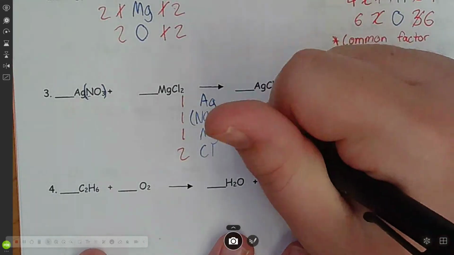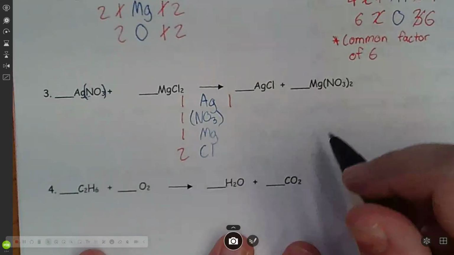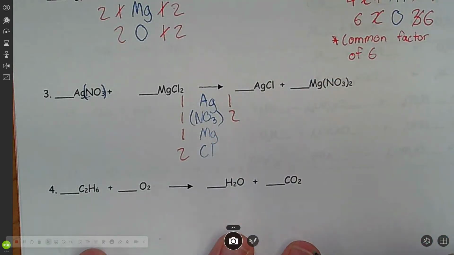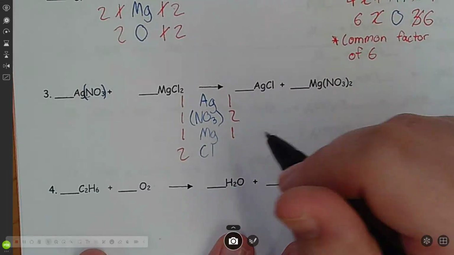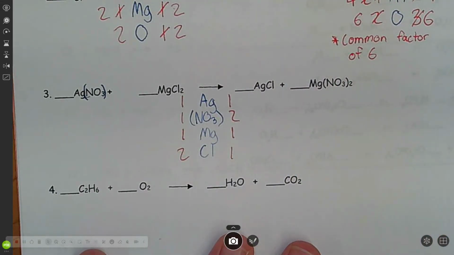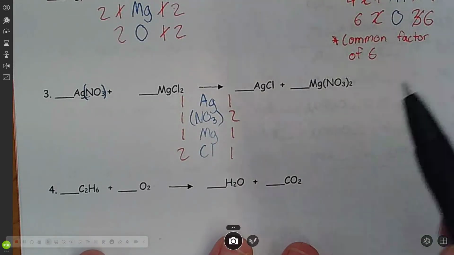On the right side, I've got 1 Ag, 2 NO3s, 1 Mg, and I've got 1 Cl. So, not looking too bad here. We only have a couple of things that are not balanced.